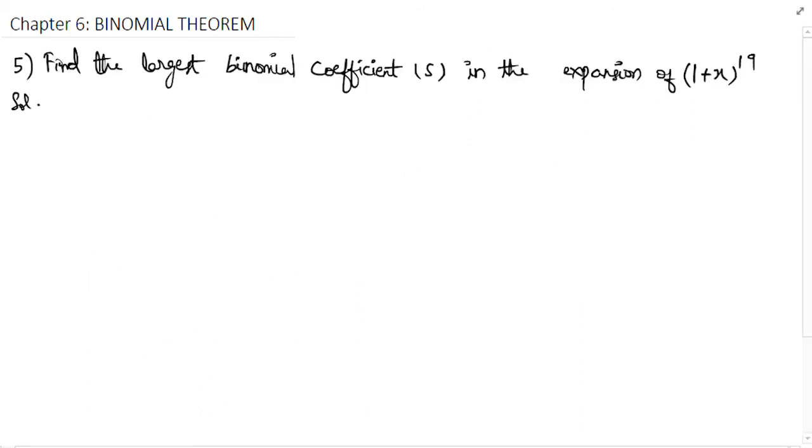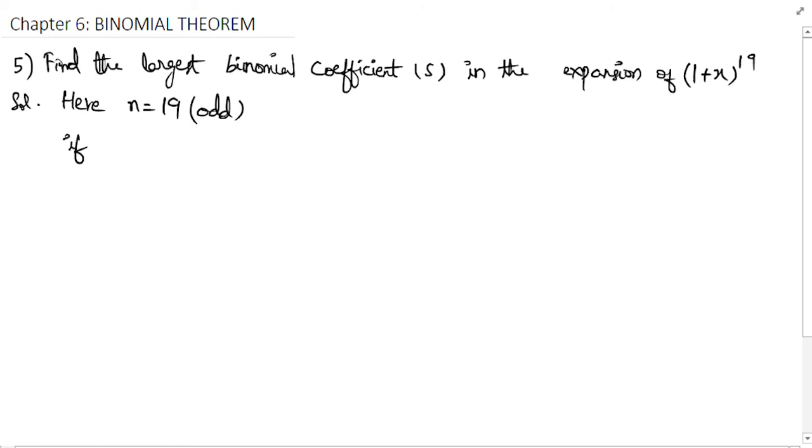So now we'll move on to the fifth question. Find the largest binomial coefficients in the expansion of (1 plus x) whole power 19. So here n is equal to 19, which is an odd number, right? This is an odd integer.